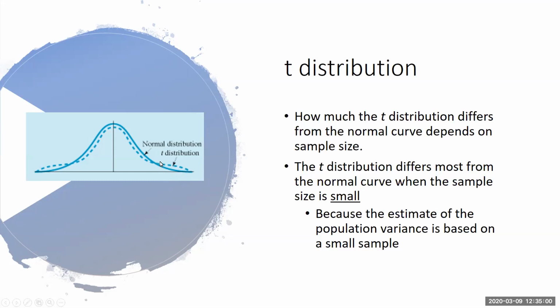You can see that if this is 2.5% of the upper part of the Z distribution, do you see how this hump in the T distribution would make up more mass? So 2.5% would be closer to over here in the T distribution. So if you use 1.96 as a cutoff for the upper 2.5%, you should see that the T distribution has actually a much larger area than 2.5%.